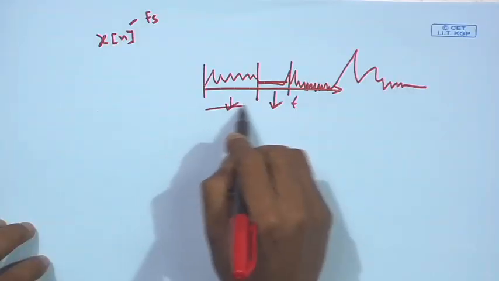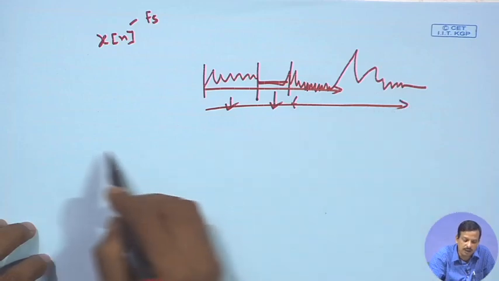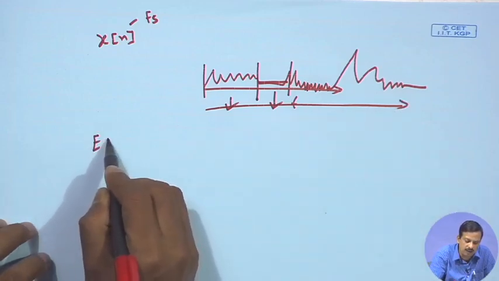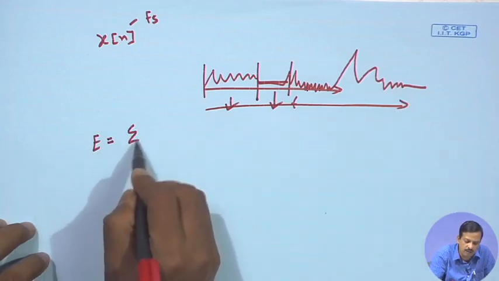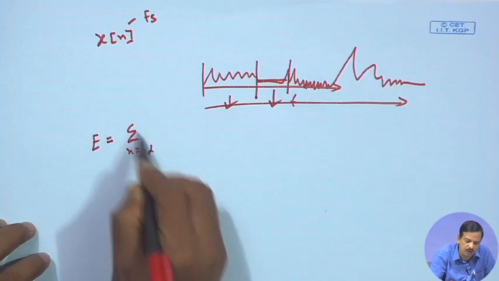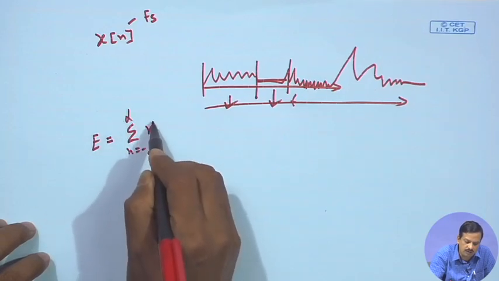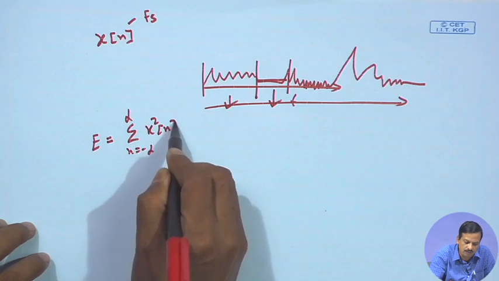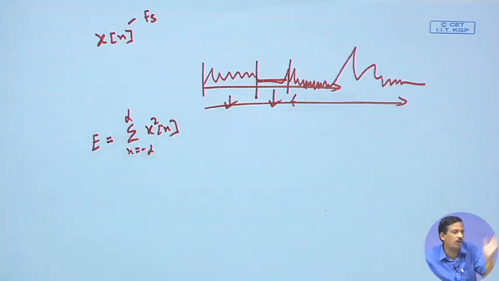Now, suppose I want to find out the energy of this whole signal. I can easily find out the energy E, which is nothing but the summation of n equal to minus infinity to infinity x square of n. Whatever the signal is, I can take the whole signal at a time, x square n, and that is the energy.